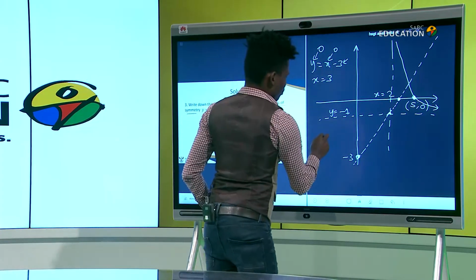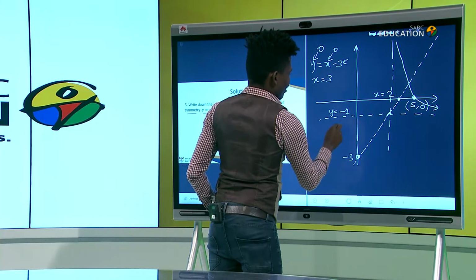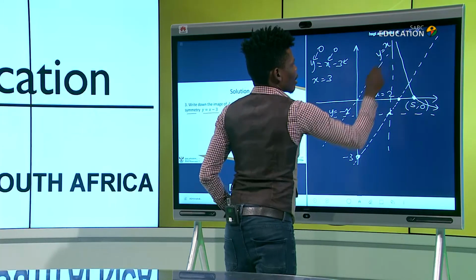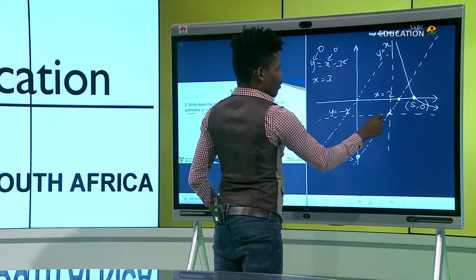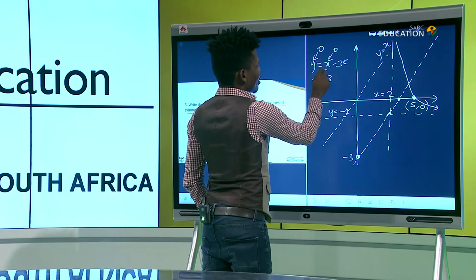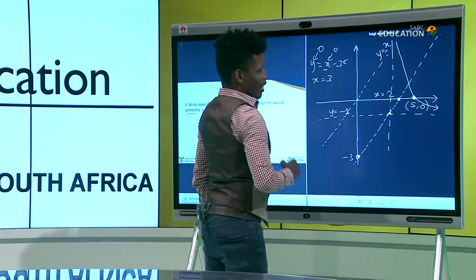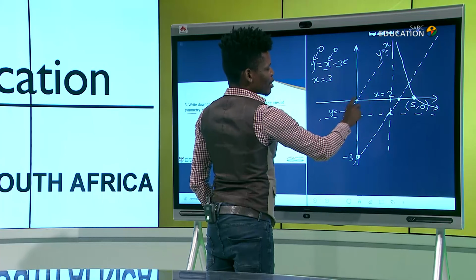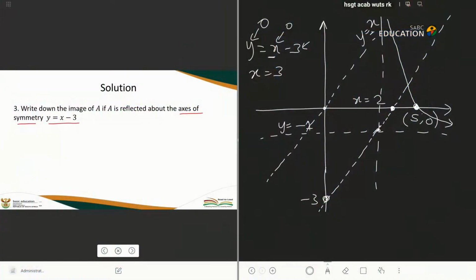So now, if you do a reflection about the line y equal to x, these two lines are parallel because the gradients are the same. So you can say what happened to this line to get that line. If you look at the x-intercept here, it's the point (0, 0). The y-intercept is also (0, 0).